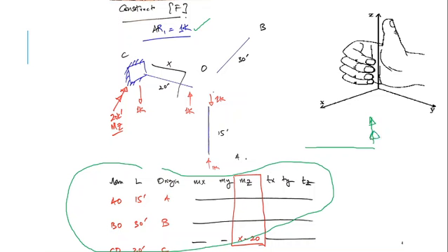Now this is a moment because it is at 90 degrees with this member. This member is in X and this moment is in Y. So okay, it's a moment. But what if we have a moment like this? You can see that this moment is along X and this member is also along X. It means it is a torsion and not a moment. So it will come under this category, TX, TY or TZ.